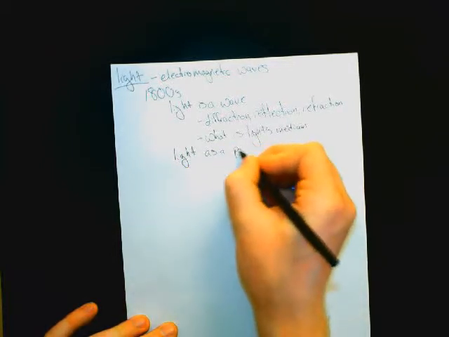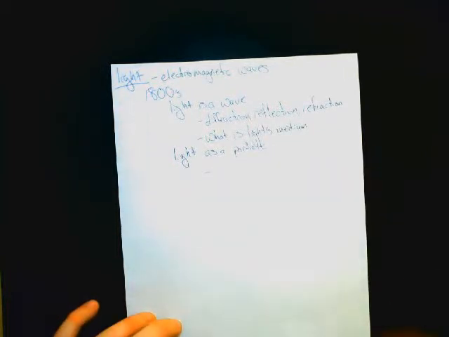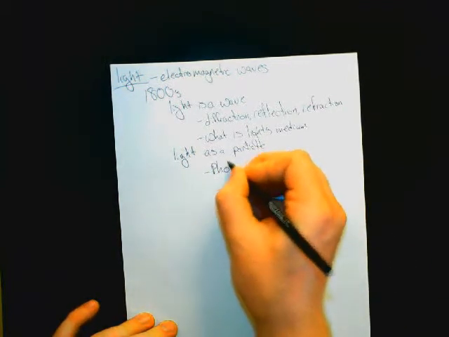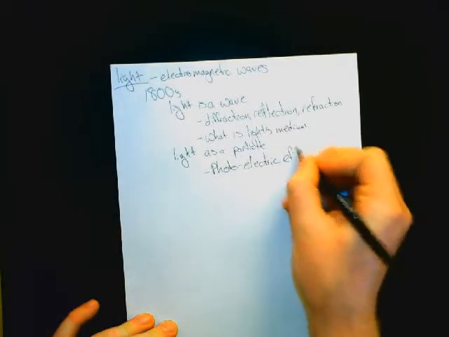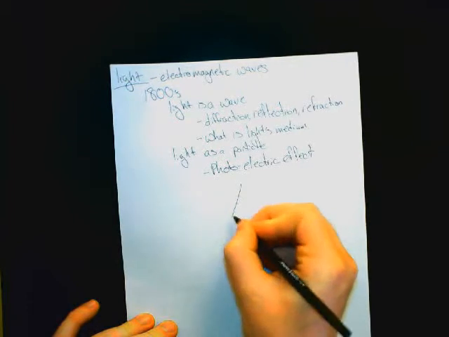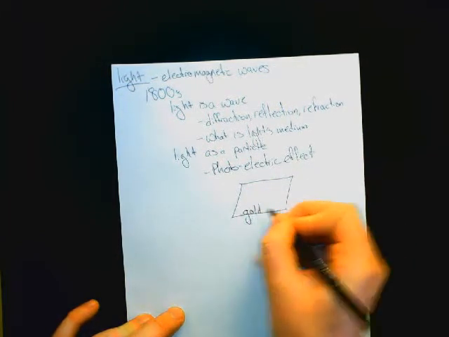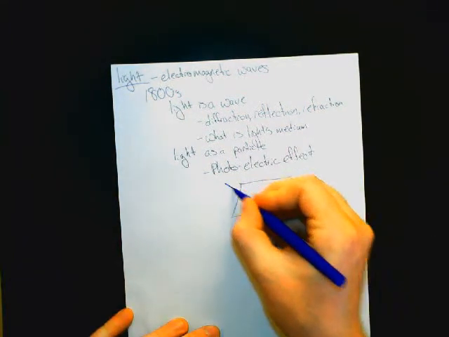Now, people who believed in light as a particle had some evidence that it should clearly be a particle. The first one was what we know as the photoelectric effect. Where we can take a piece of gold plate, and we can shine some blue light on it.